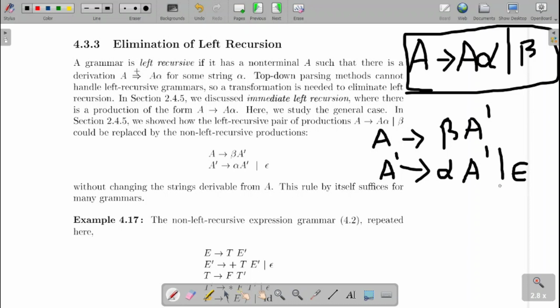This is the first variant, the basic one in the elimination of left recursion.